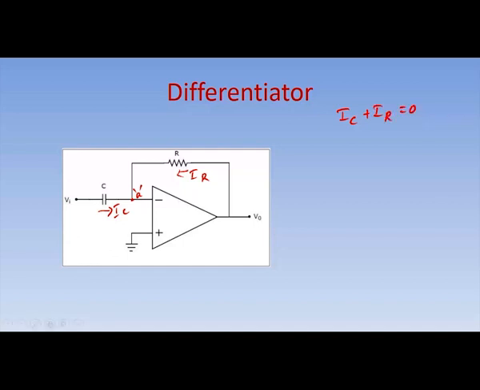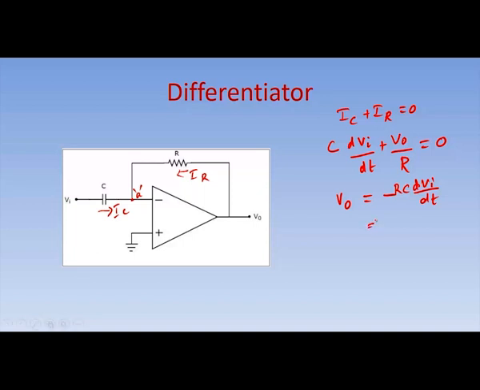IC is the current flowing through the capacitor C, so you can write it as C dVi by dt, plus the current flowing through the resistance R, which is V0 by R, equal to 0. From this, V0 by R is equal to minus C dVi by dt, so V0 is equal to minus RC dVi by dt.